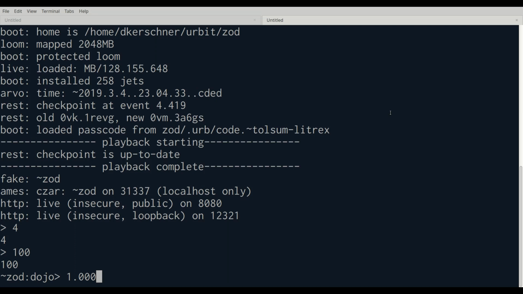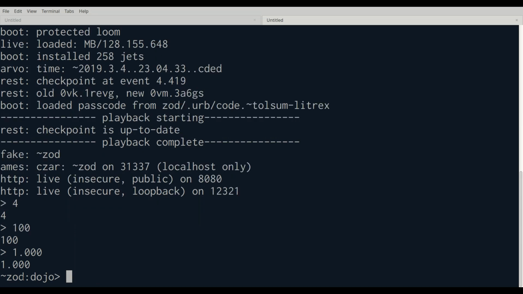So anytime you have a decimal number with more than 3 digits, you're going to have to add this in here. And as for the reason why this is a dot instead of a comma, it's simply because dots are URL safe, and commas are not. So go ahead and put that in there. We can see that it evaluates to 1000.